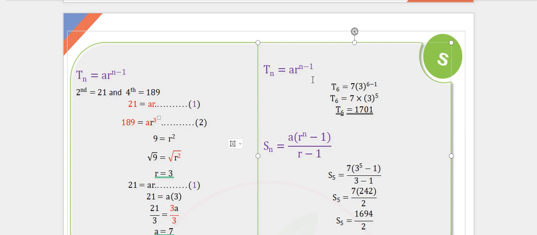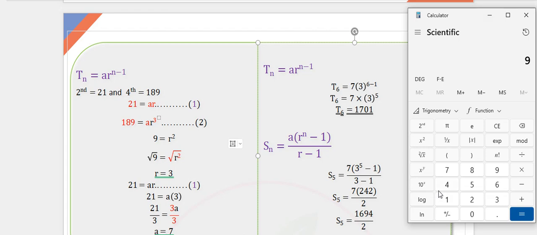So now we are going to start with the powers here. 6 minus 1 is 5. So what is 3 to the power 5? We can use the calculator.